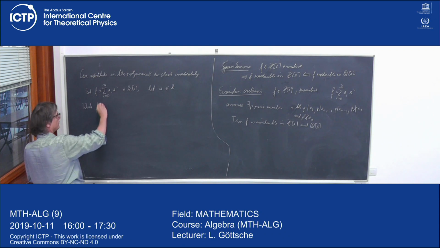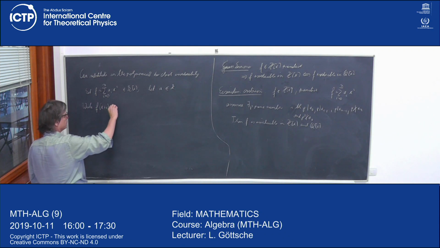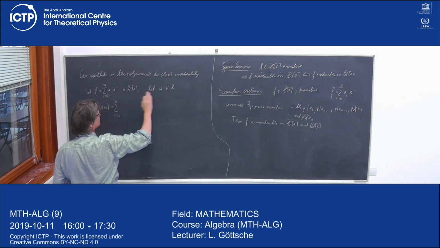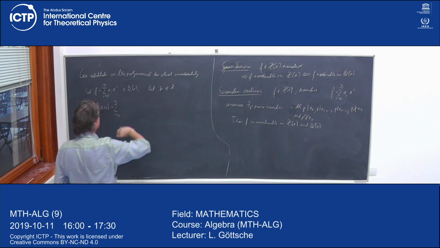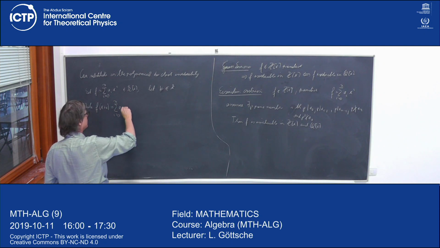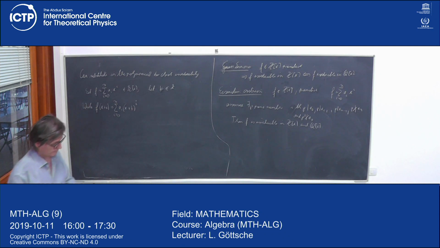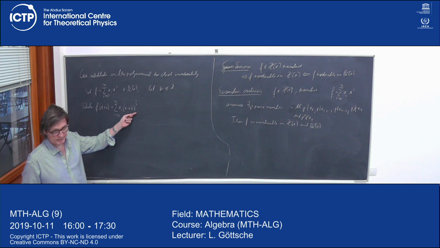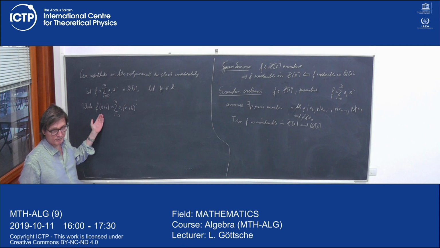So f of x plus b, the sum from i equals 0 to n of a_i times (x plus b) to the i. So you just multiply this out the way you would normally multiply out, collect the terms, you get a polynomial.